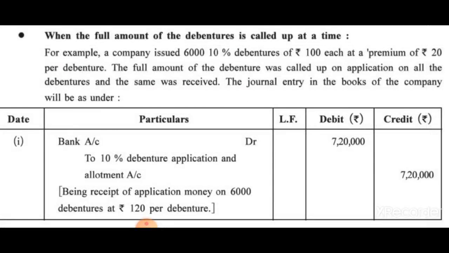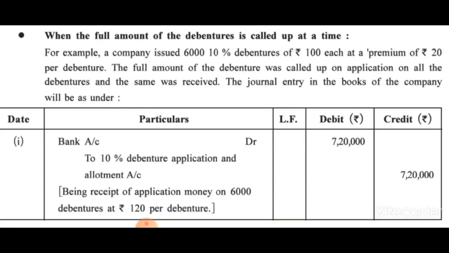Now, one example is here. When the full amount of debenture is called at a time, the company issued 6,000, 10% debentures of rupees 100 each, means debenture application account should be 6 lakh rupees, at a premium of 20 rupees per debenture.